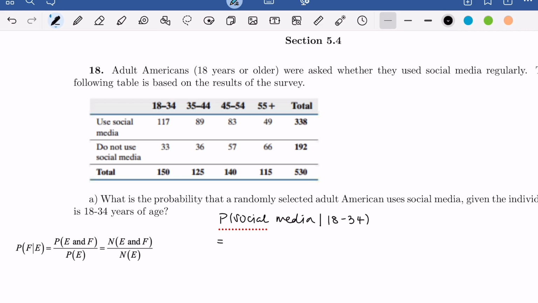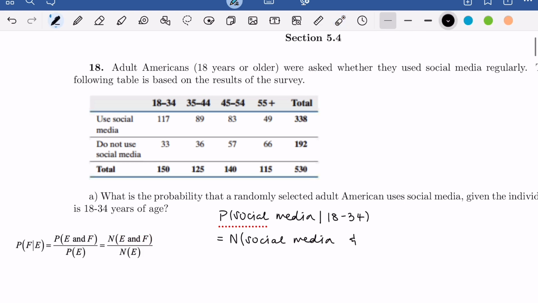We want to find the number of outcomes, or the number of people that use social media and are in this age range. So we're kind of thinking of this as the number of outcomes in event E and F. And then we're going to divide this by the number of outcomes in event E, so the amount of people that are in this age range.